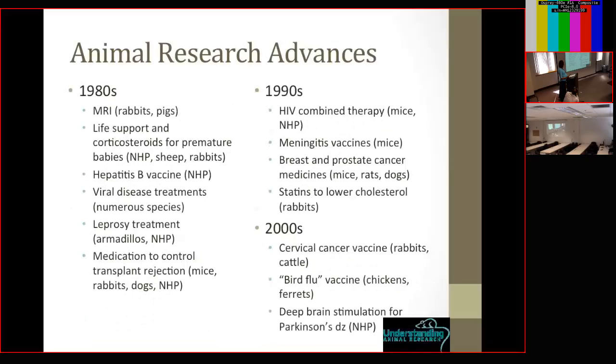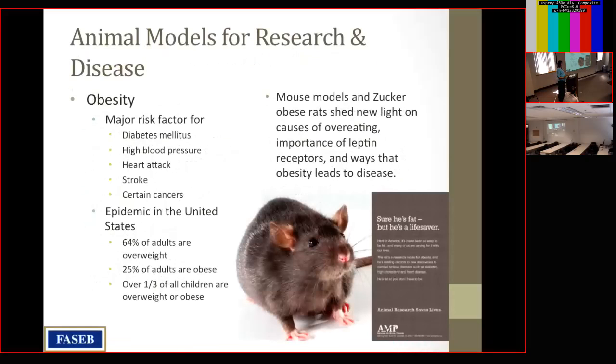So I presented a lot of historical data, but the research work to understand the underlying mechanisms of these disease processes and to find new and improved preventatives and treatments is ongoing.